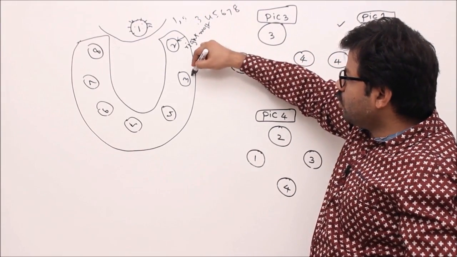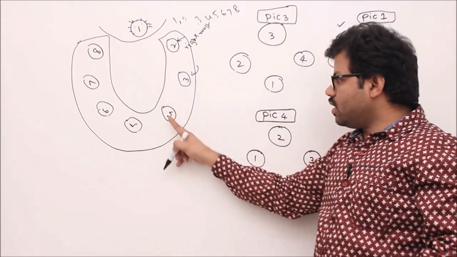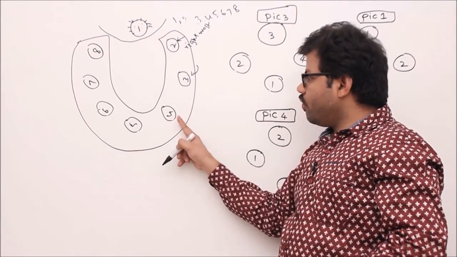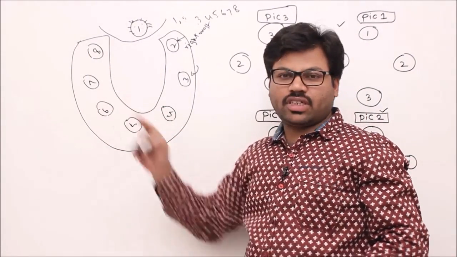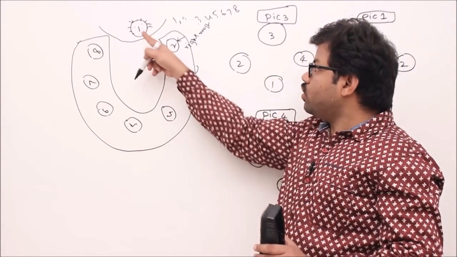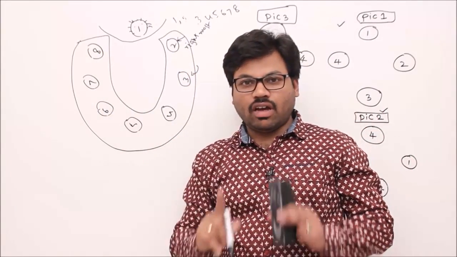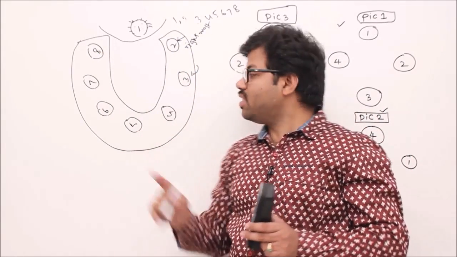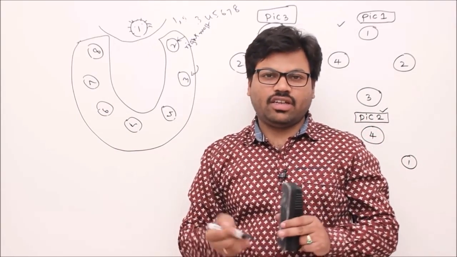Then this is the second object from the right with respect to 1. This is the third object from 1, on the right side. Fourth object, fifth object, sixth object, seventh object. Once you fix 1, the remaining objects are linear. That means they have positions, right? They have numbers. That is what I want to say.